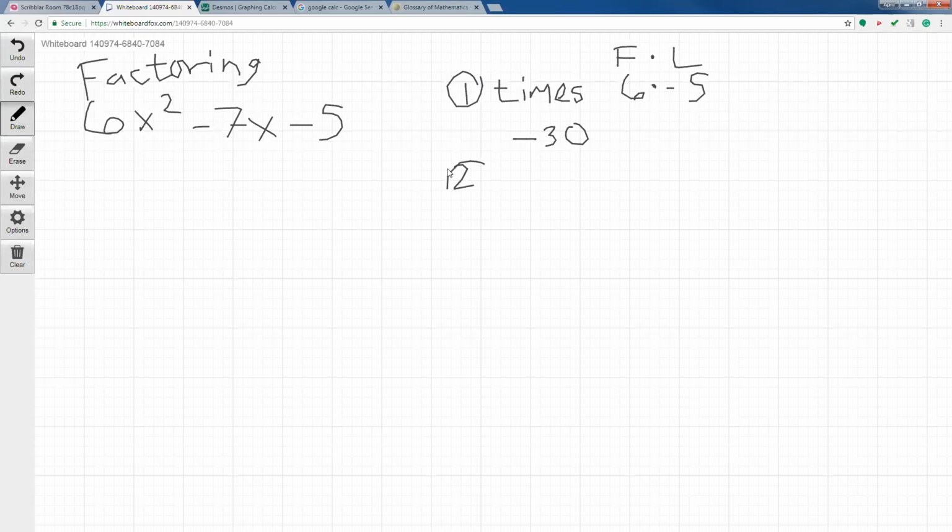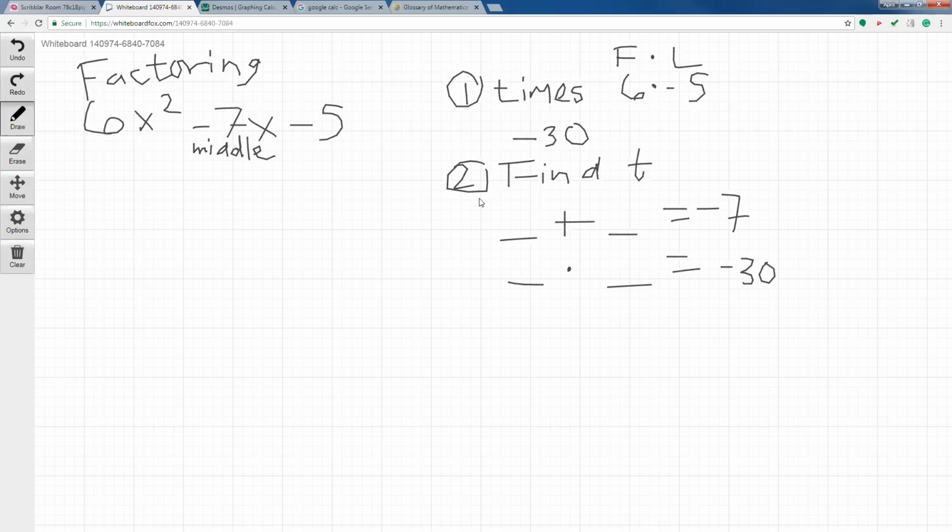So now we want to find two numbers that add to be the middle still. Our middle is still the negative 7. That didn't change. But now we want them to multiply to be the negative 30. On the last problem, it was just the last term. This is a lot different. We have to do that first step to figure out what we want to multiply by.